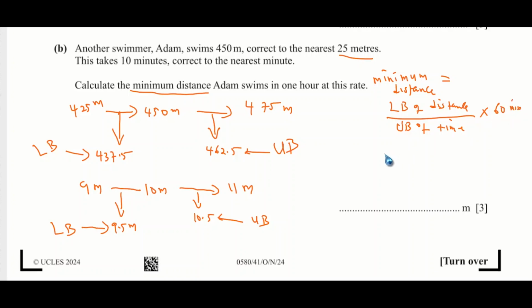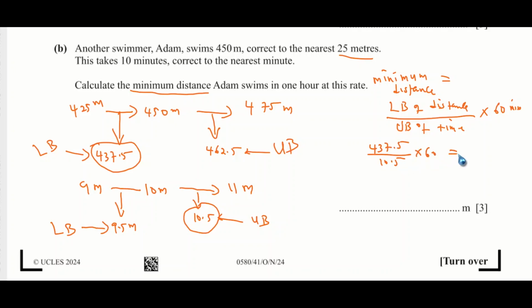Okay, so if we do this, the lower bound of the distance is this, and the upper bound of the time is this. So that means you're going to have 437.5 over 10.5, then multiply by 60 minutes.